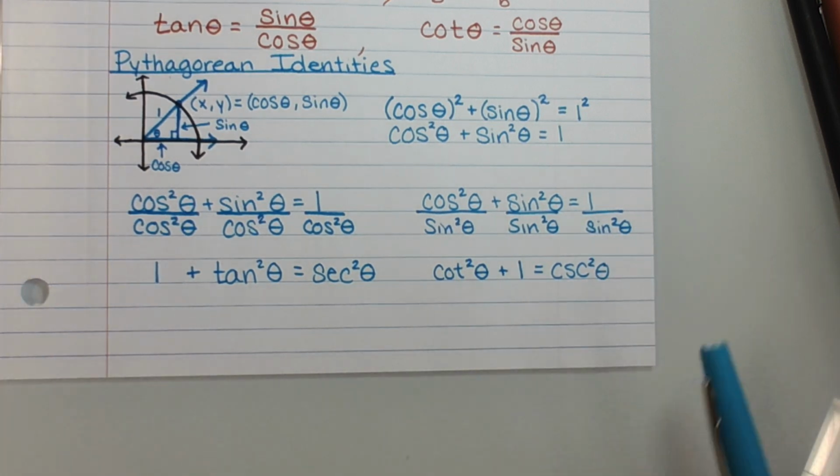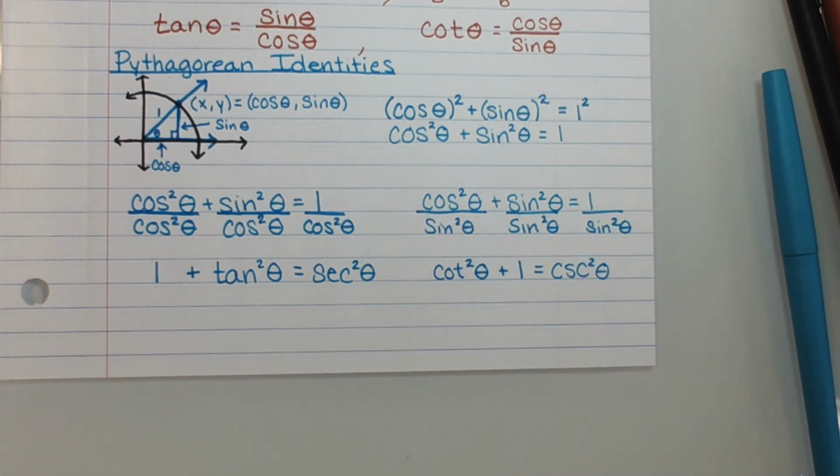Now, I purposely show you where these trig identities come from because if you do end up choosing to go on to higher order math, say calculus, you aren't just given these identities at all times. You're expected to know some of them. If you can know some of the basic ones, you can get to the other ones.